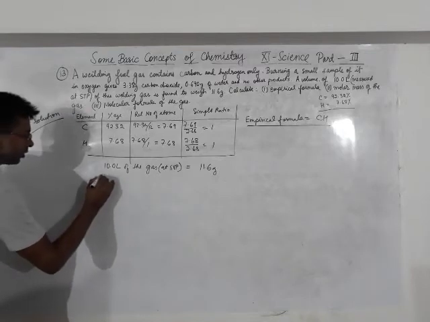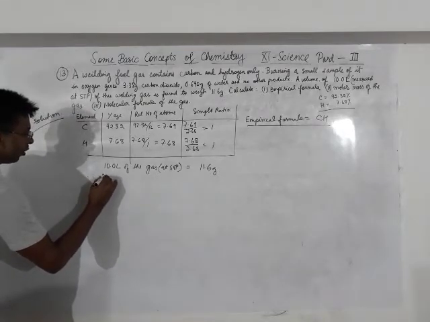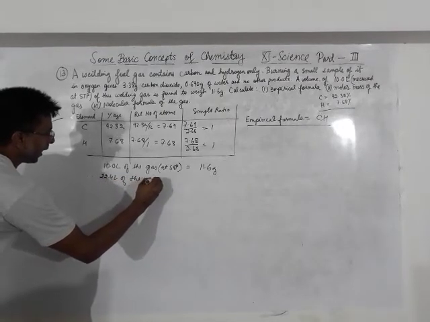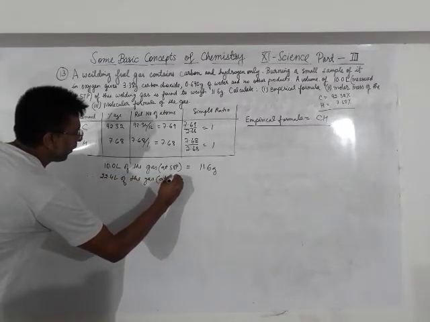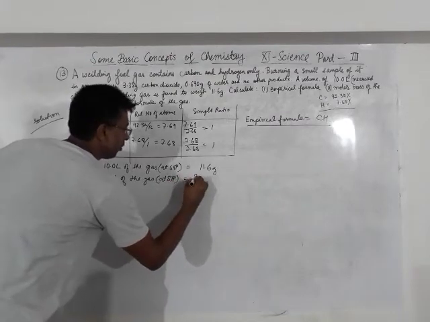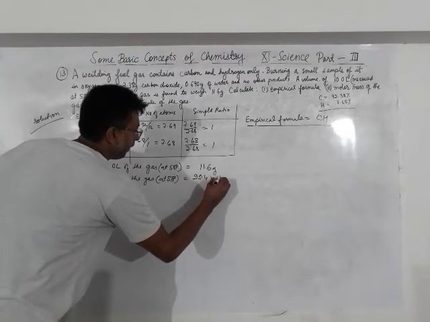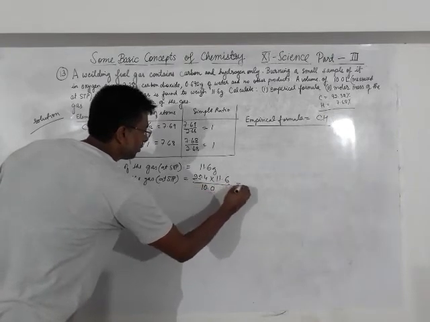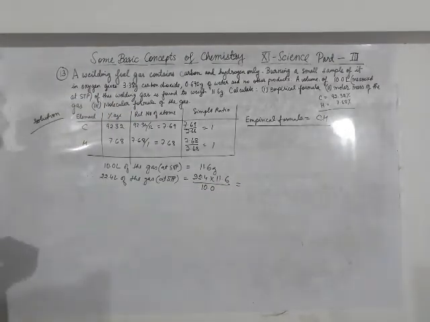So at STP, what is the volume occupied by the gas? Standard molar volume. Therefore we can write down: 22.4 liter of the gas at STP will weigh 22.4 into 11.6 divided by 10.0. So you simplify this, you'll get the molecular mass of the gas.